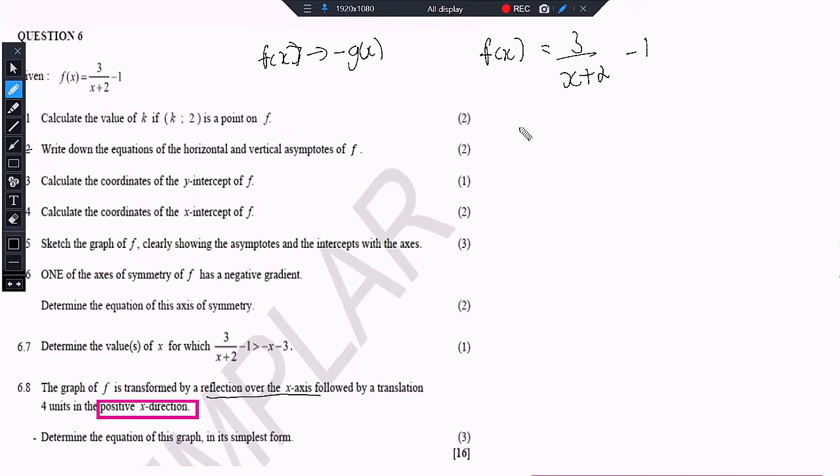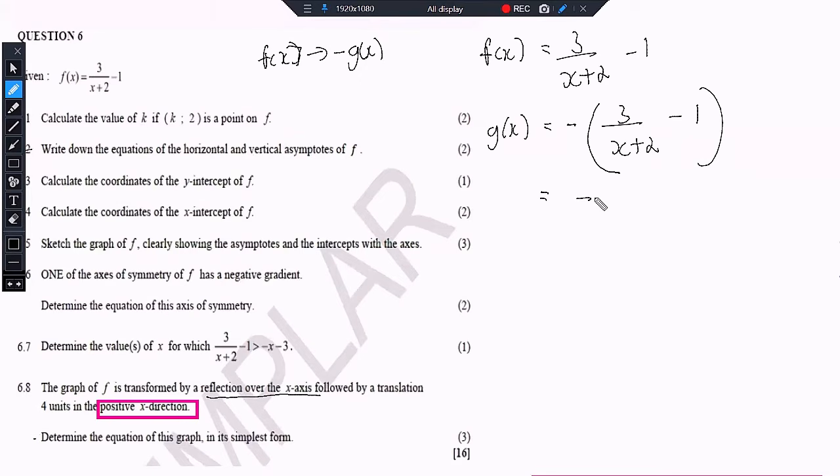So as our g of x, we must have negative, and then all of this, 3 over x plus 2 and then minus 1. So I must put that inside the bracket and have a negative just before there.